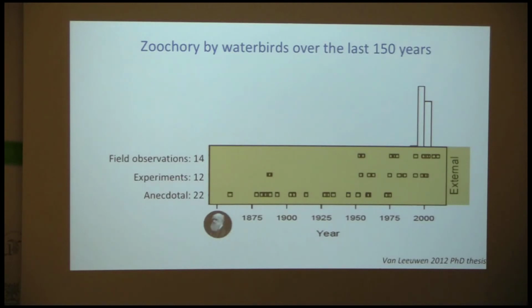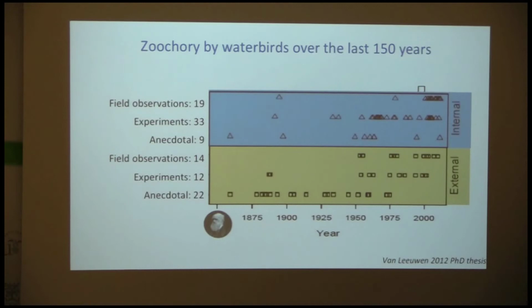So people started reporting sights of a bird flying with snails on its back, and we think, hey, maybe the snail has been carried. And then at some point it was followed up by experiments where you deliberately attach invertebrates or seeds to feathers, and you hold them in the wind flow, and you think, how long can these be remaining attached? And then followed up by field observations, basically catching birds and seeing what's on the outside.